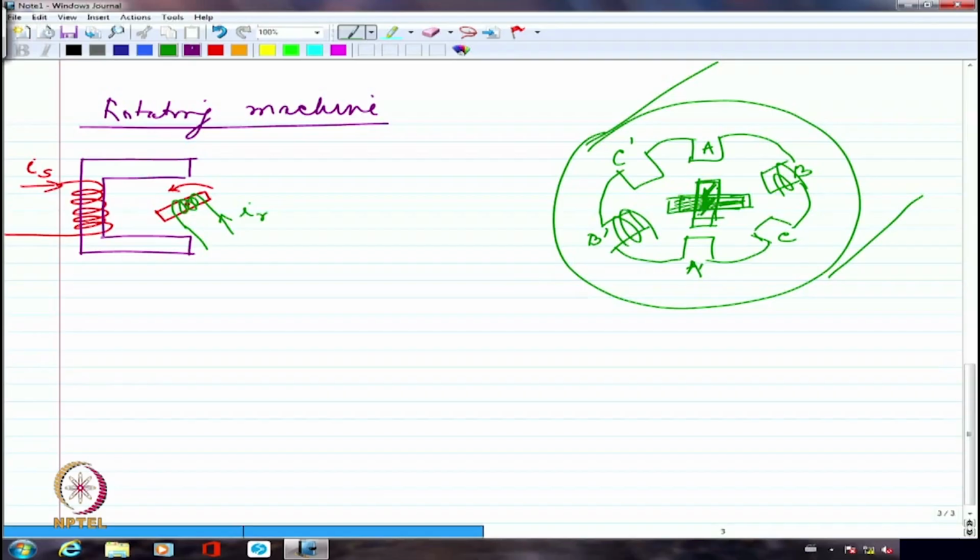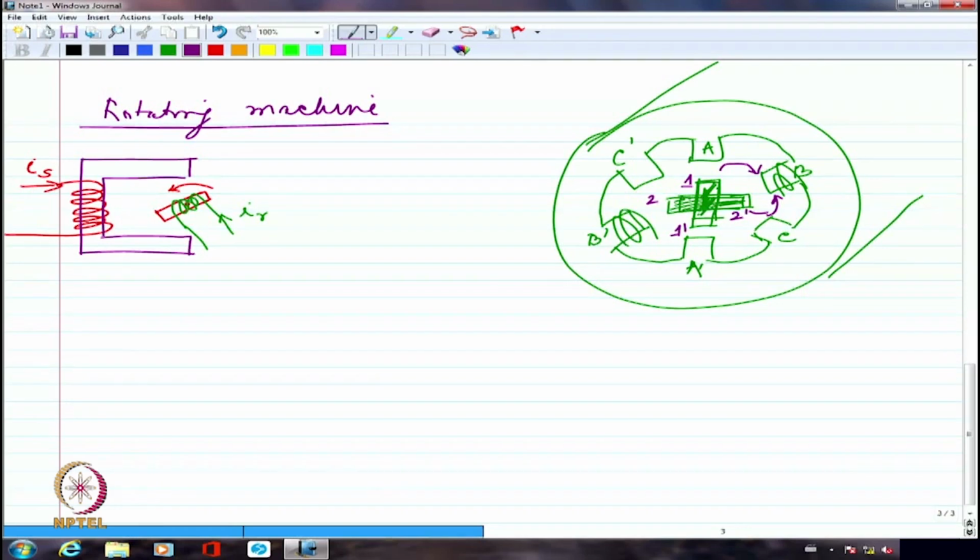So either this has to come here or this has to go here. If I name these 1, 1 dash and 2, 2 dash, either 2, 2 dash have to align themselves with B, or 1, 1 dash have to align themselves.